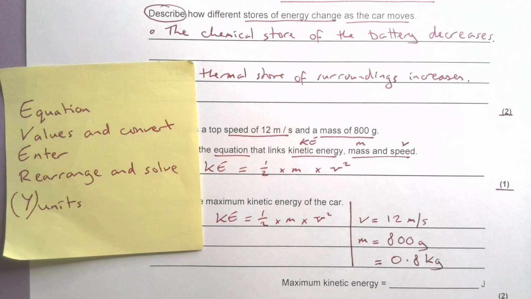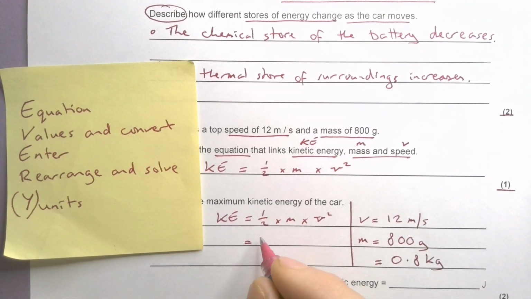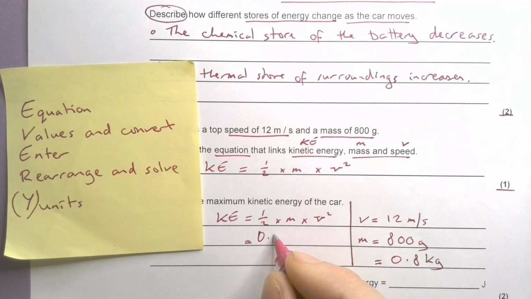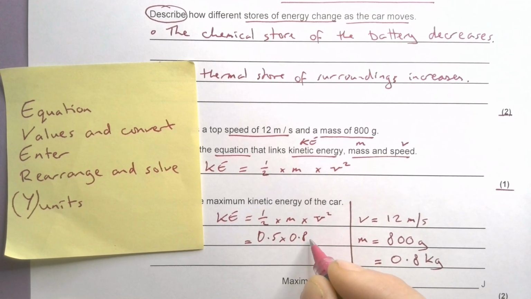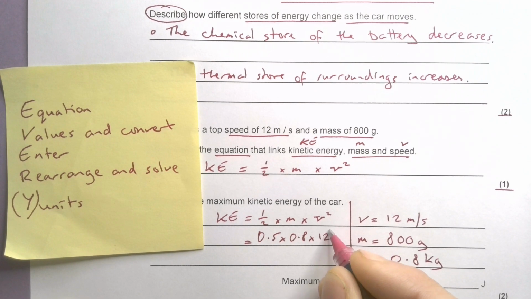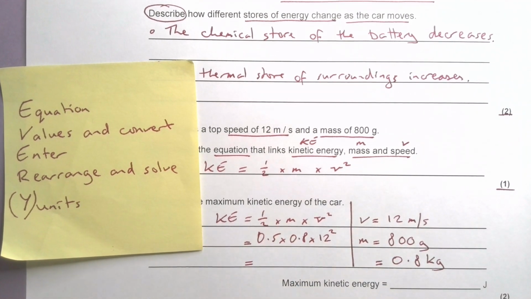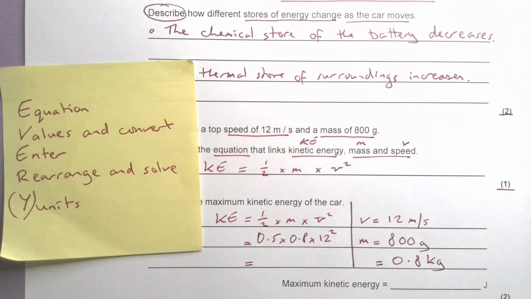Then enter the values over here. So 1/2, I'm going to change that to 0.5 times 0.8 times 12 squared. Let me just do that. So 12 times 12, 144.